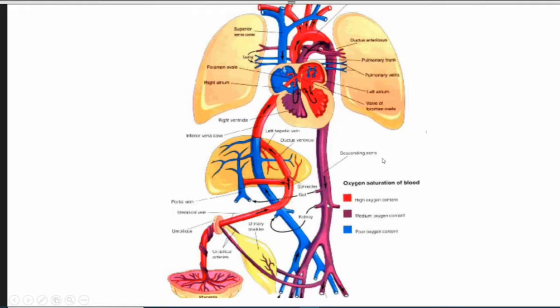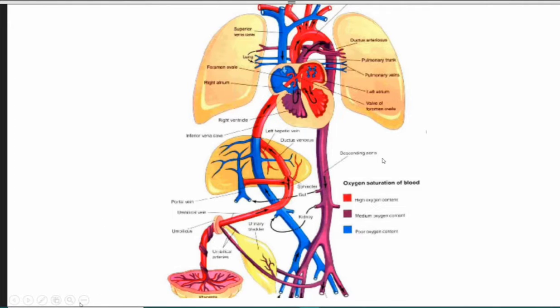And finally, the descending aorta, which has the deoxygenated blood, goes into the umbilical arteries and then into the placenta and gives the deoxygenated blood to the mother's circulation. So these are the differences between adult circulation and fetal circulation.